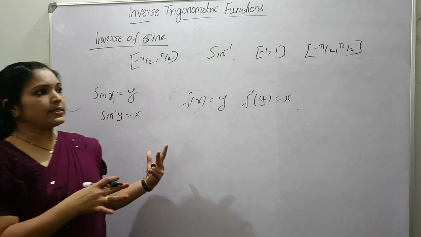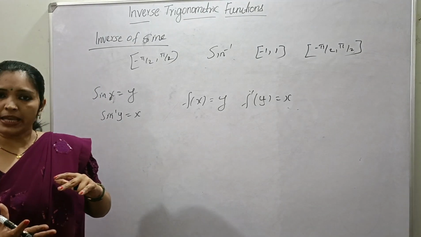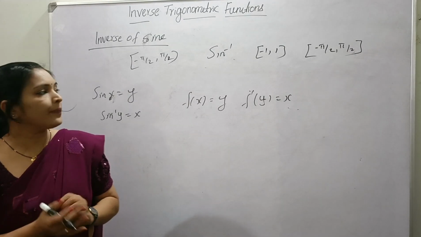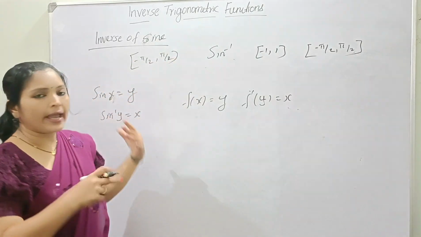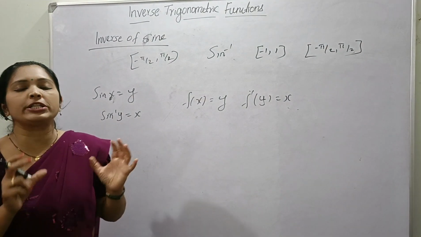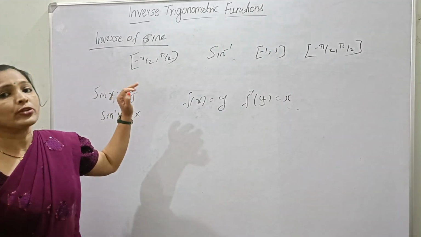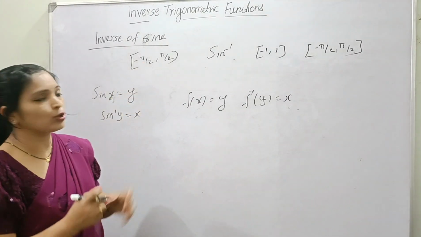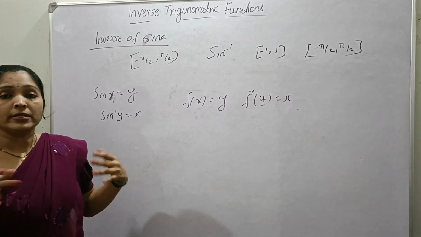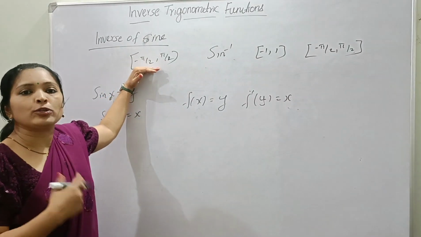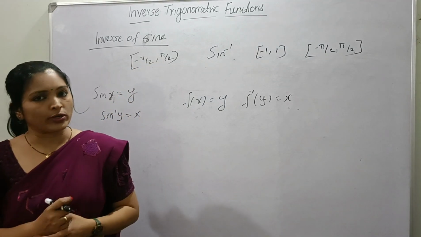So here, in this interchanging, when we take the inverse, domain and range will be interchanged. Sorry, in the sine function, domain is minus pi by 2 to pi by 2, and range is the closed interval minus 1 to 1.